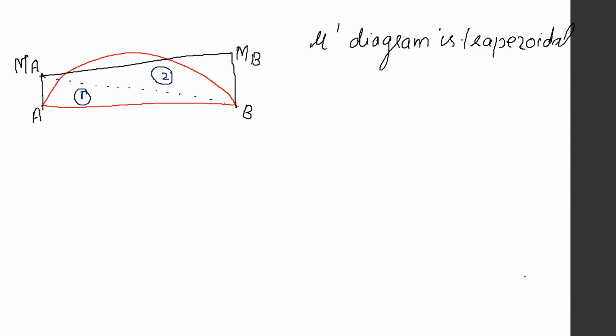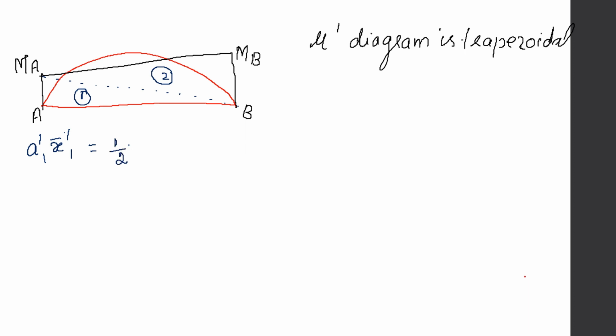Now our aim is to find A1 X1 bar. So how will we find A1 X1 bar? Sorry, this is A1 dash X1 dash. First of all we will take the first triangle.